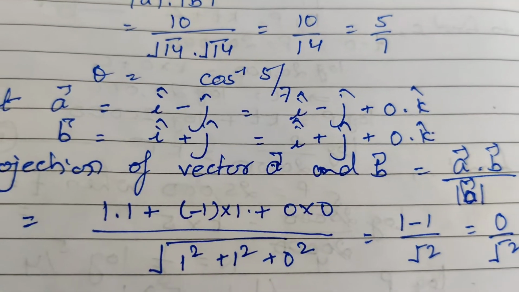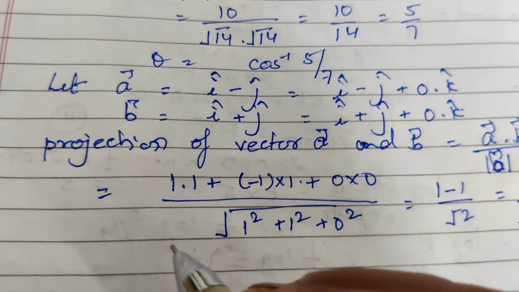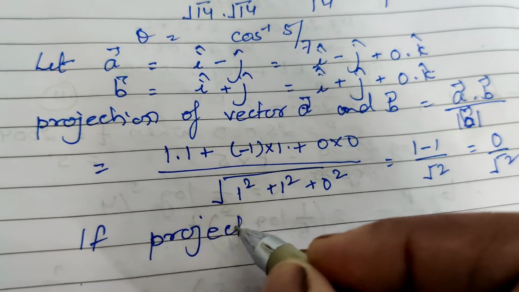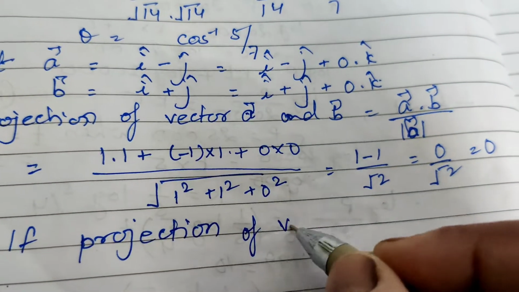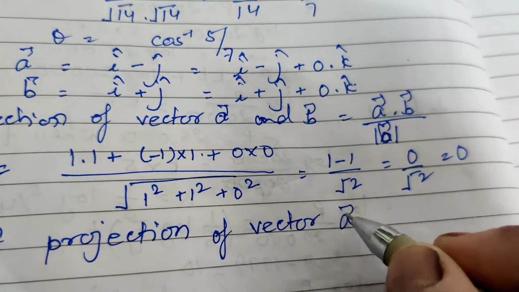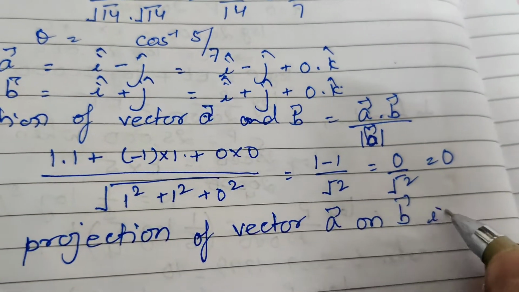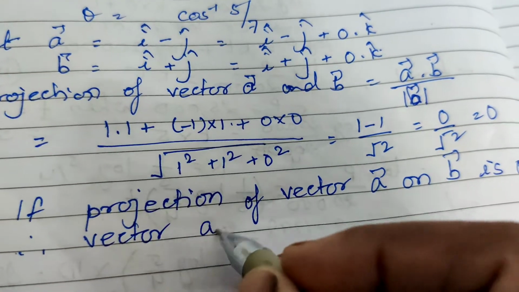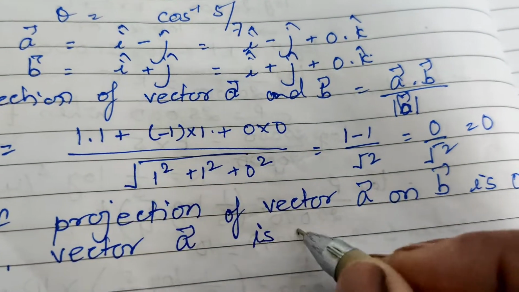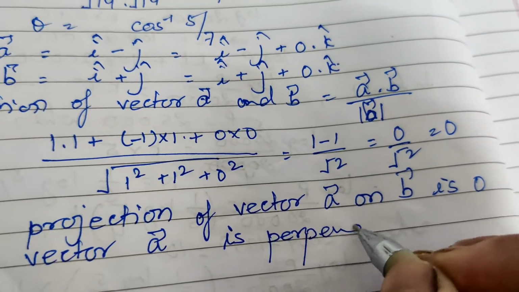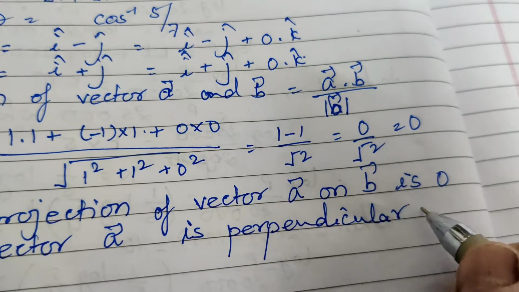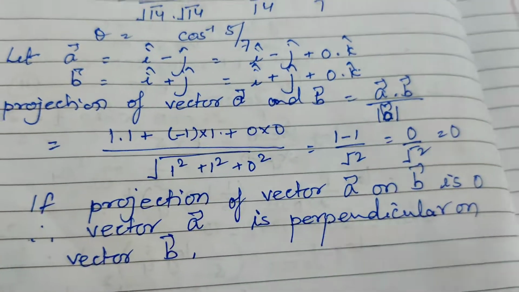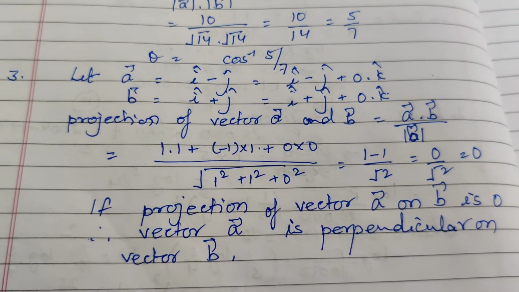It means the projection of vector A on B is 0, so vector A is perpendicular to vector B. Okay, if projection is 0, it means they are perpendicular to each other.